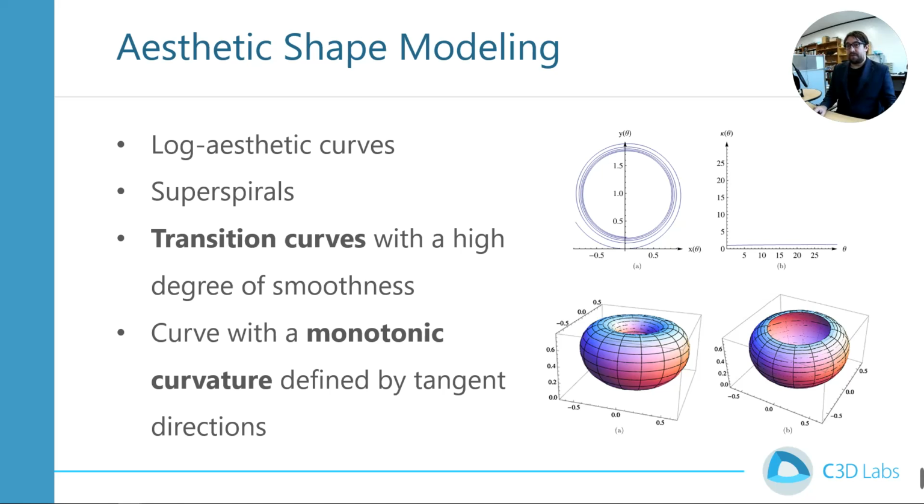Moreover, C3D FairCurveModeler integrates unique methods for constructing composite curves up to the 9th degree of smoothness. We can also generate monotonic curvature curves from two given points and tangent directions in these points.